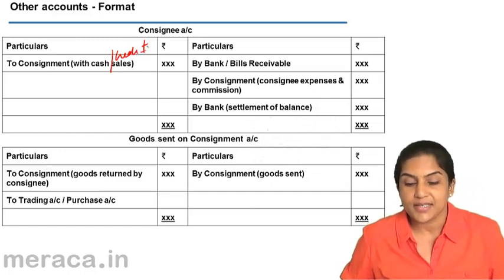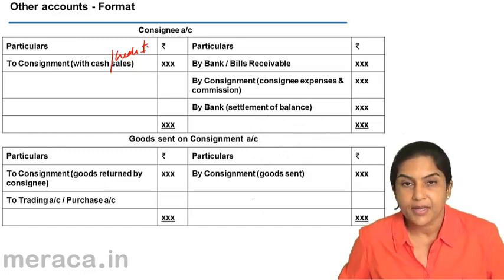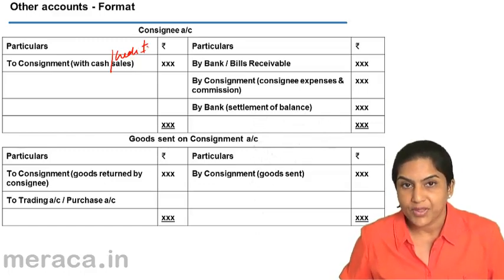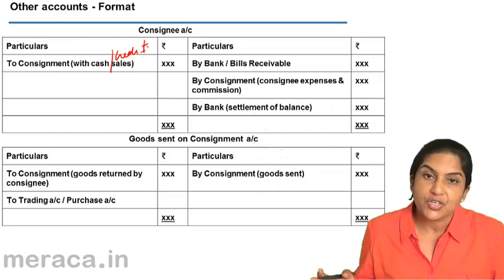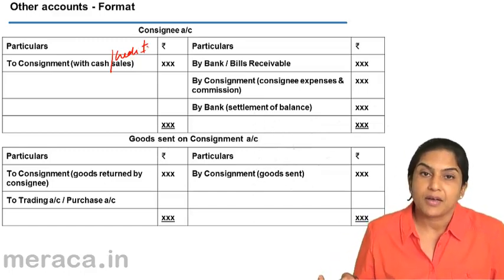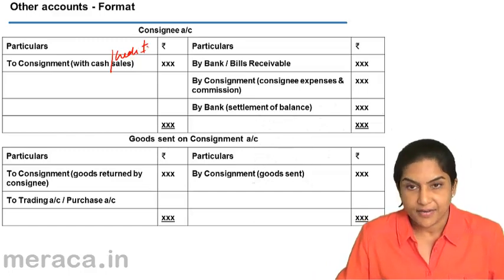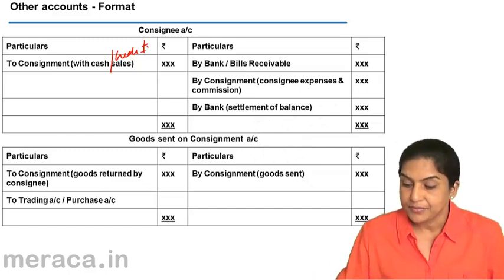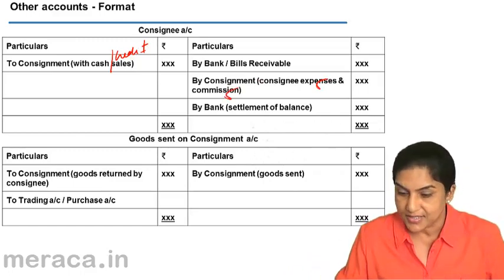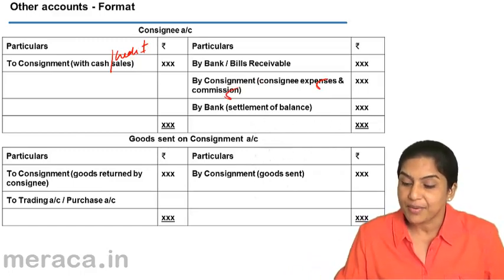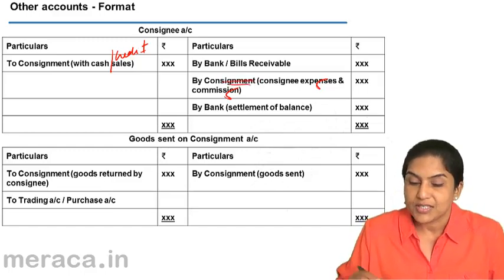So, consignee's account is debited with the sale proceeds that the consignee has received and which is returnable to the consignor. It is credited with the expenses and commission which the consignee earns.